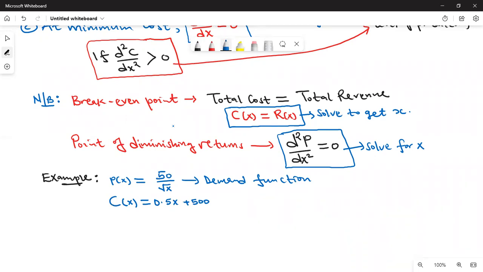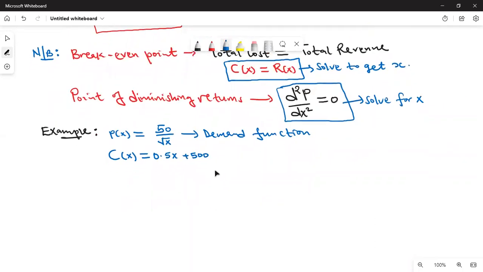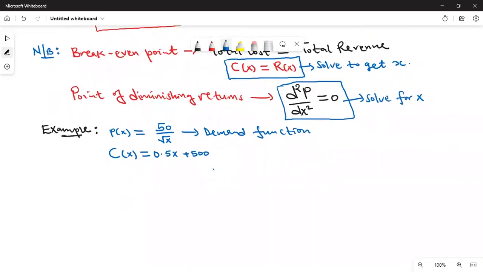We are asked to find the following. Remember, this is total cost. So the task is, one, find the revenue and the profit functions.